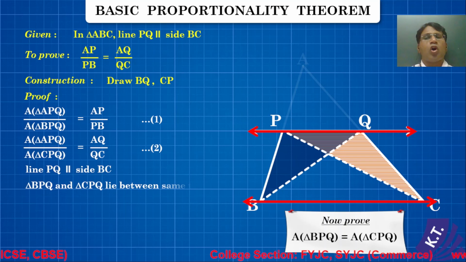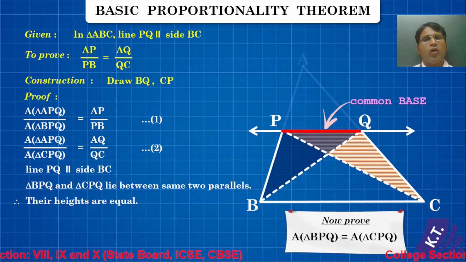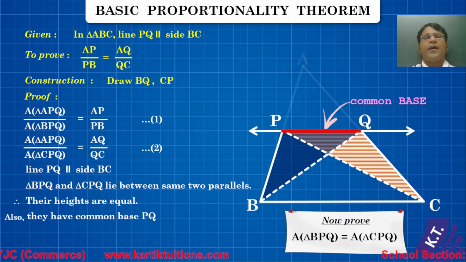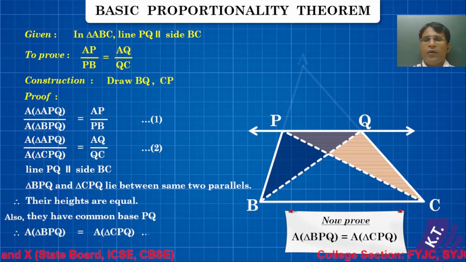Which is the common base? They have common base PQ. Now since both the triangles have equal heights and a common base, we know the areas of the triangles are equal. So in other words, area of triangle BPQ is equal to area of triangle CPQ. Why? Because triangles having equal heights and the same base.